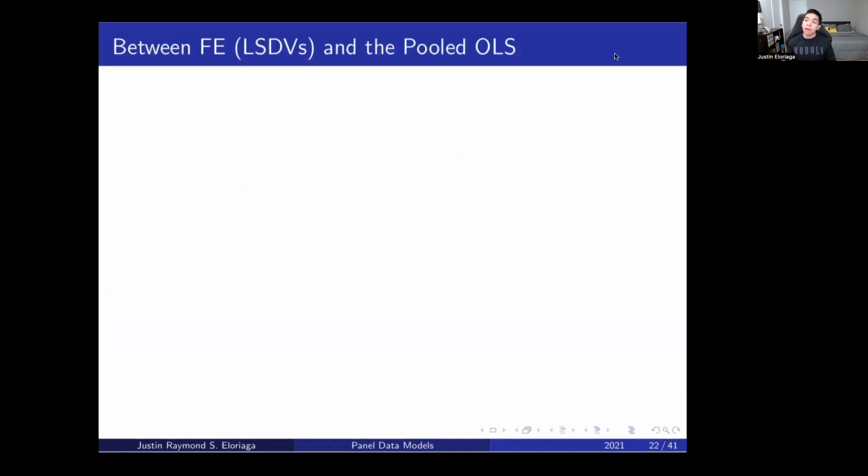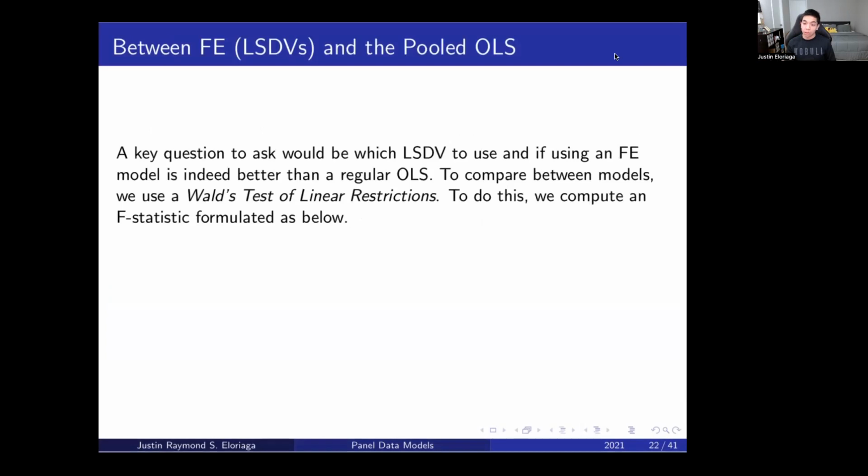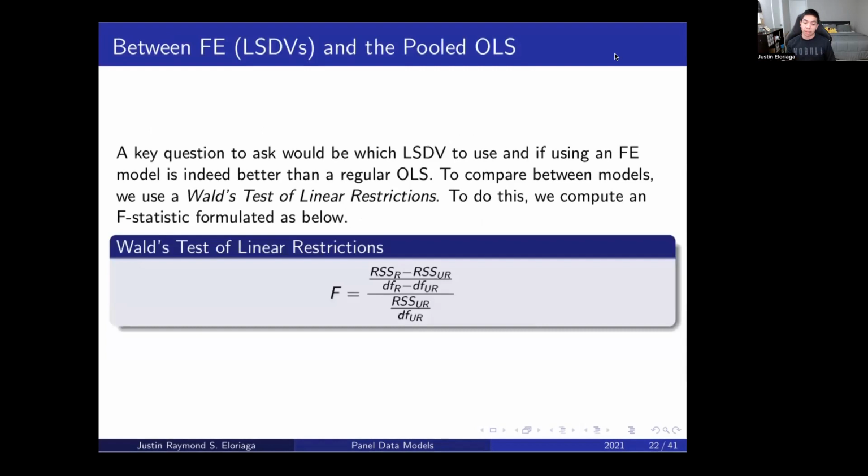Okay. Now, how do you know whether the use of a fixed effects model is better than, say, just using a pooled regression? Well, there are a couple of things. You can use a Wald test of linear restrictions, which you formulate as below, right? So you can use an F statistic, for which you take a restricted model. That restricted model is usually pooled OLS.